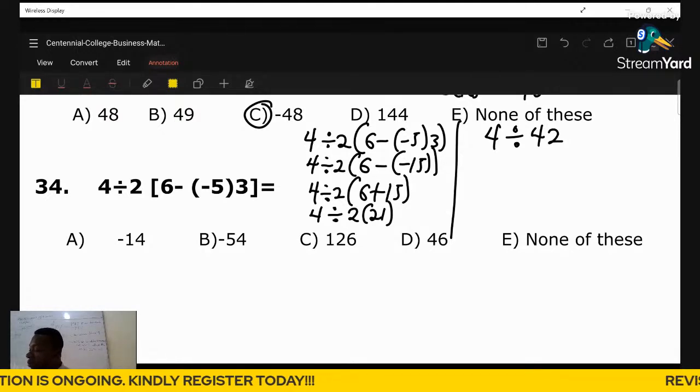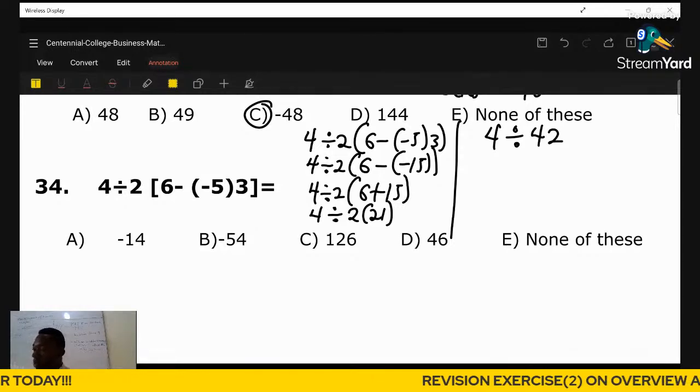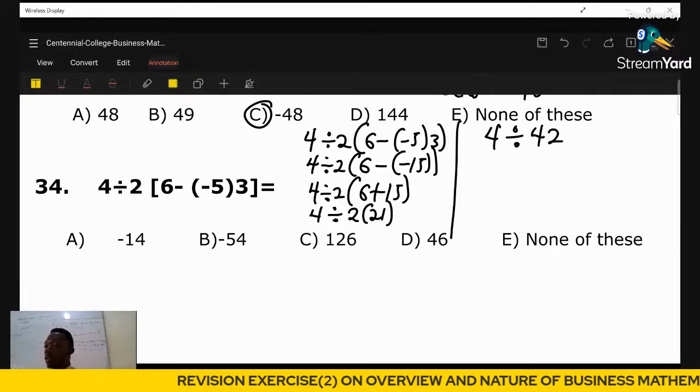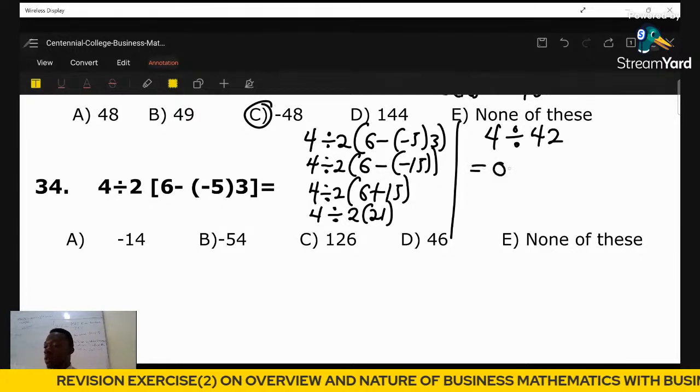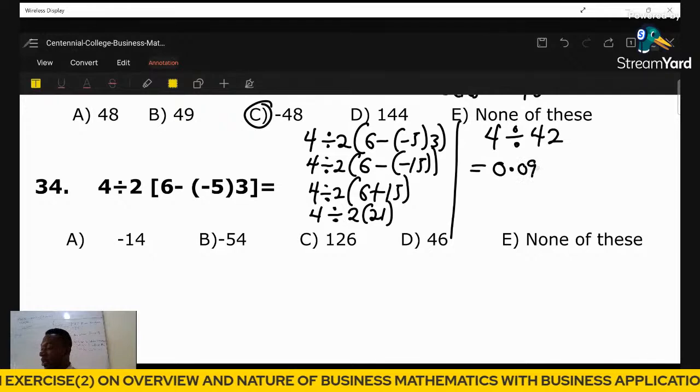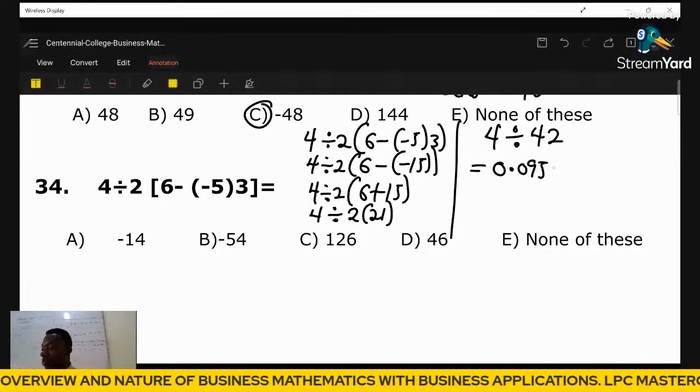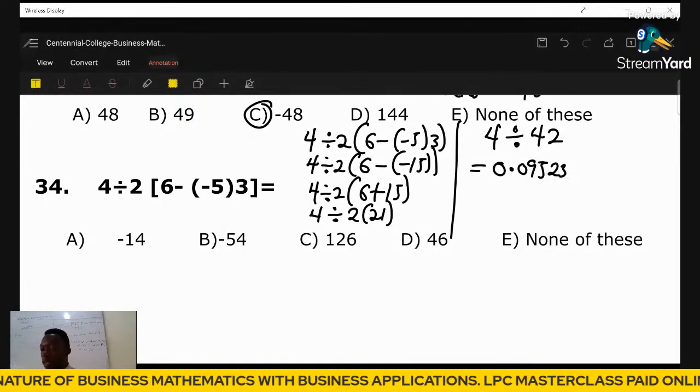In my case, I had 0.095. When I divided, I had 0.09523 and other numbers in that line.